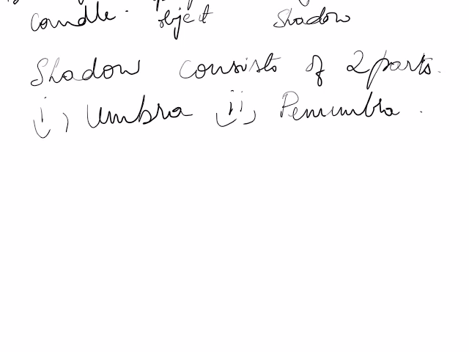Now let us learn in detail what is umbra and what is penumbra. Umbra is the portion of the shadow where no light reaches from the source of light because of the opaque object; it is completely dark. So umbra is the central portion of the shadow where no light reaches from the source of light.